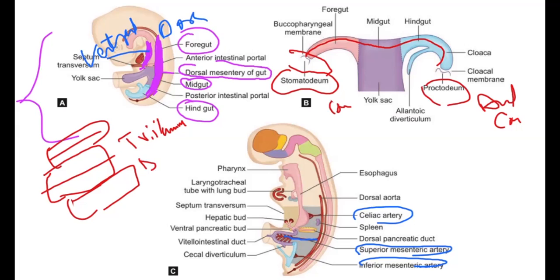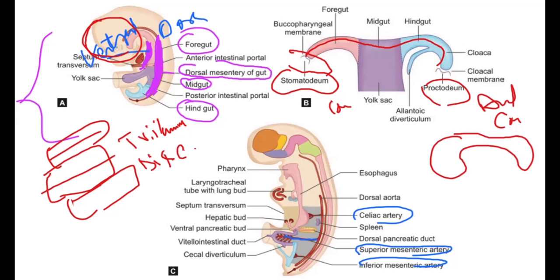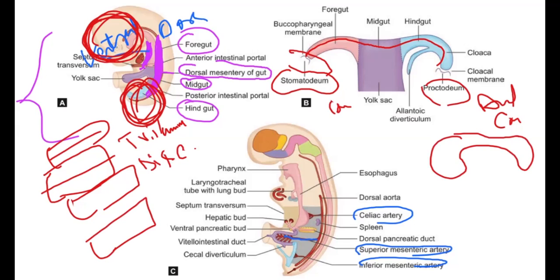So the disc becomes like this and folds ventrally, and because of the folding, the cranial part and caudal part form. There is no cranial and caudal part if this is like the disc. So because of the folding there forms the cranial part, that means oral part, head, and caudal part means tail, head and tail.